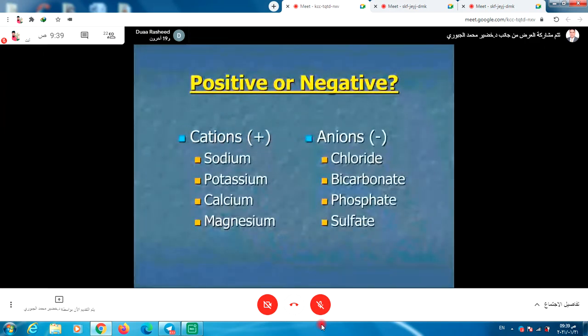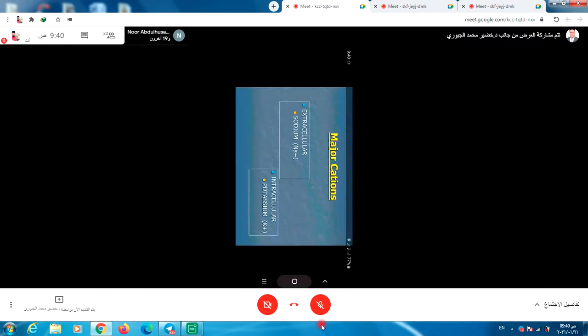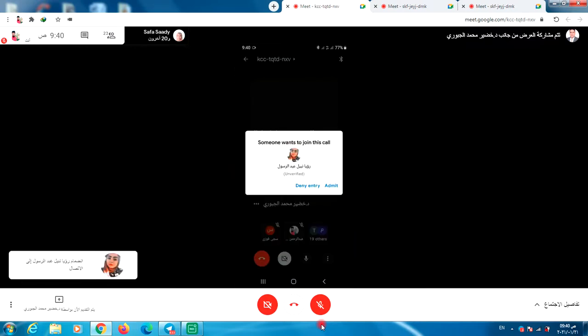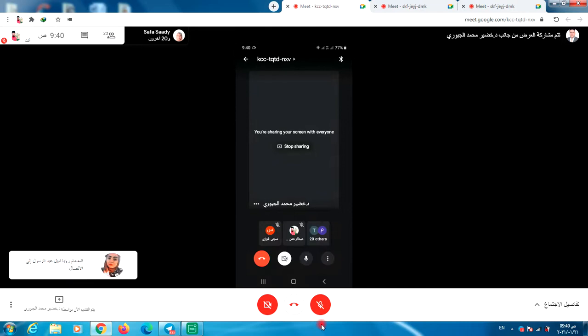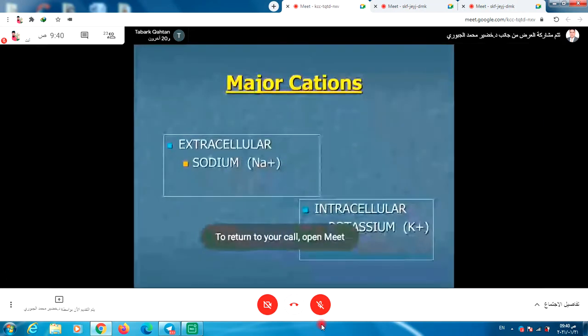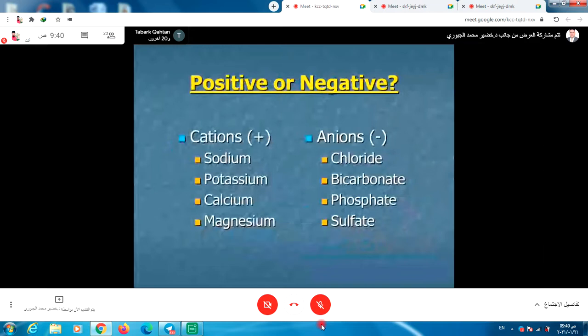The positive cations include sodium, potassium, calcium and magnesium.